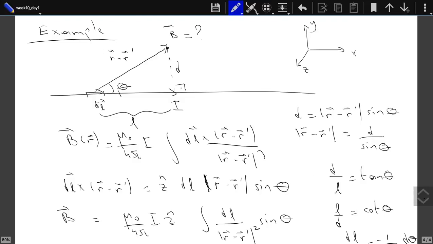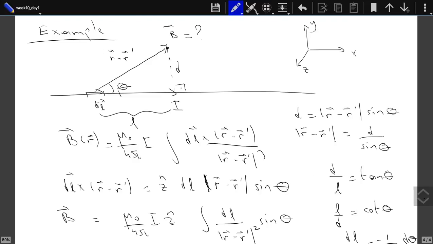dl is in this direction. So this dl appearing over here has to be something positive. That is how I defined it along this direction. But as I move from this point to this point, the change in L is negative. dl, in that sense, is not really equal to the change in L. dl is equal to the negative of the change in this L as I'm moving along the direction of the current.